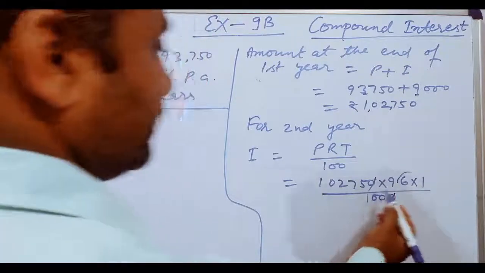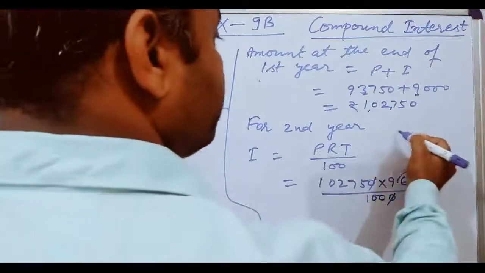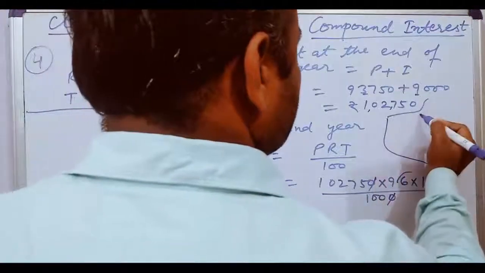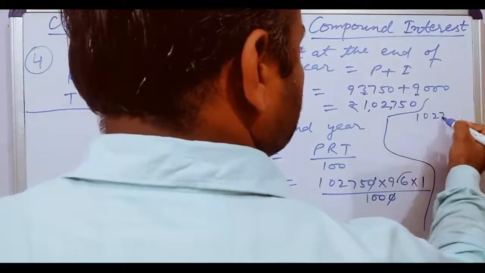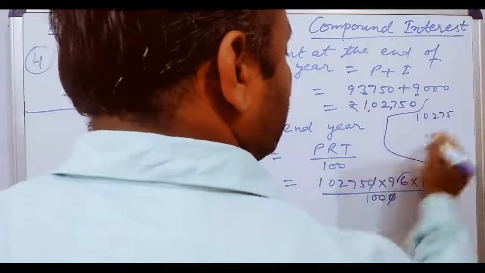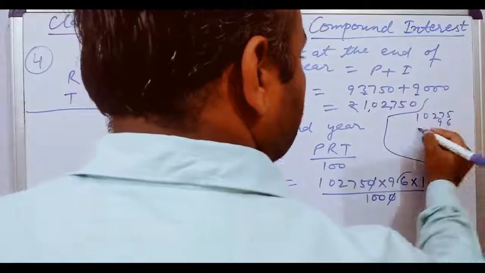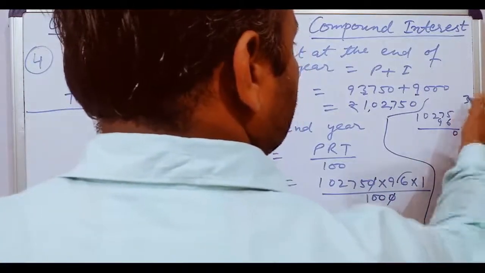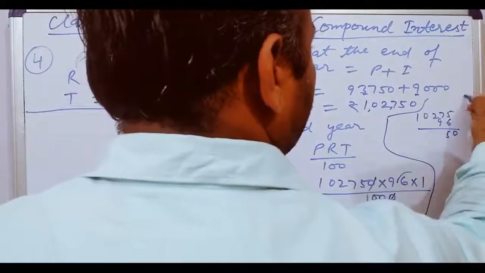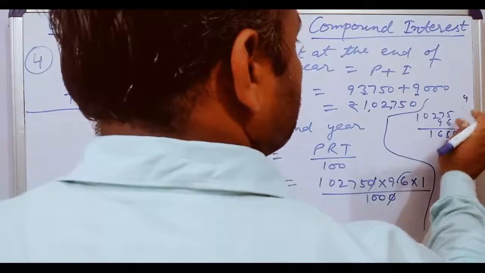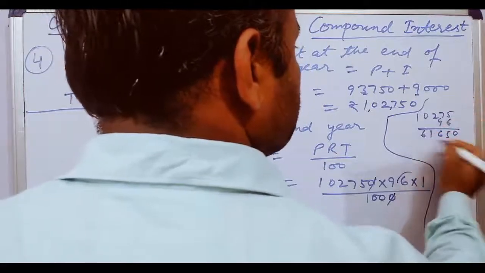Now we will multiply 10,275 by 96: 6 5s are 30, 6 7s are 42, 45, 6 2s are 12, 16, 6 1s are 6.